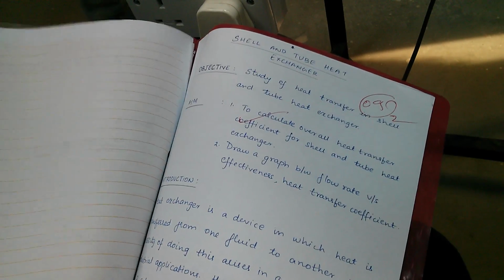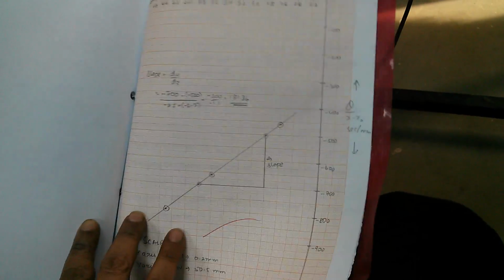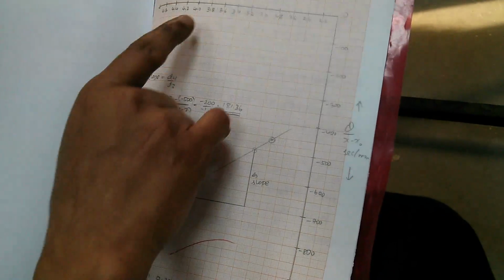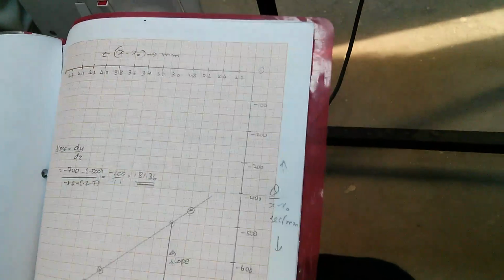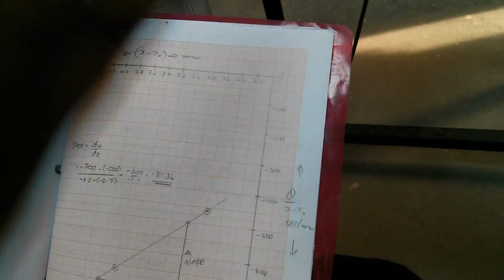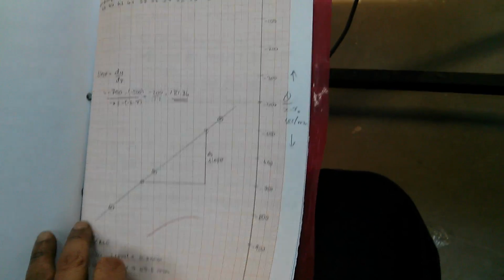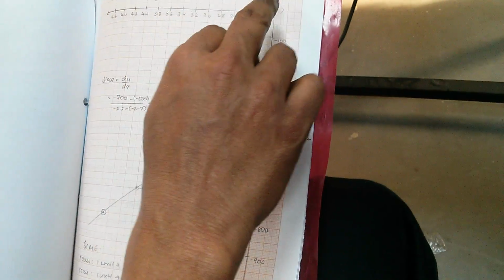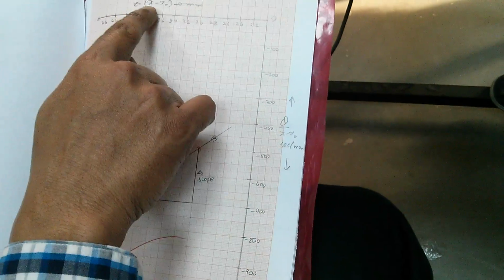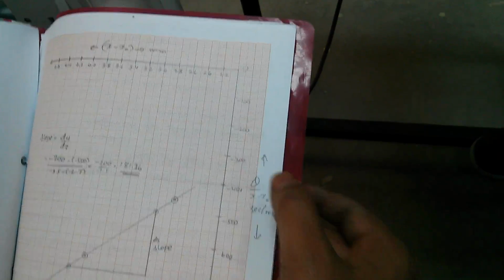Both X and Y are negatives, so the graph will come in the third quadrant. The graph is X minus X naught versus theta by X naught. For the four readings, four points are obtained.